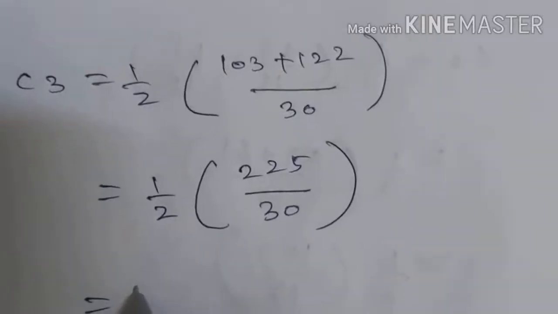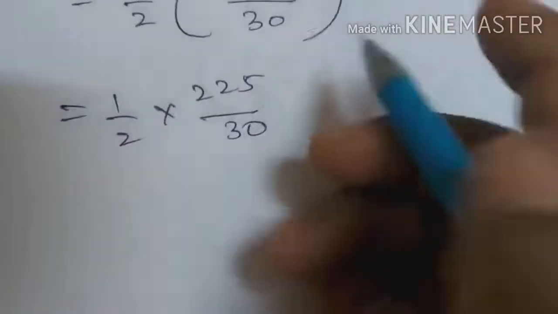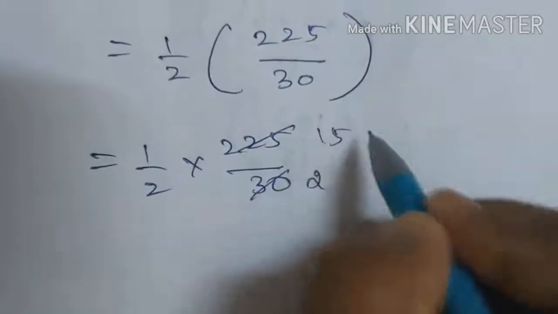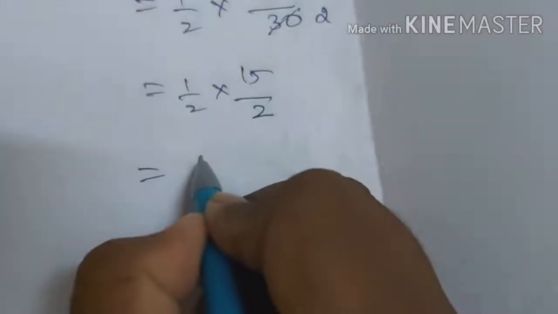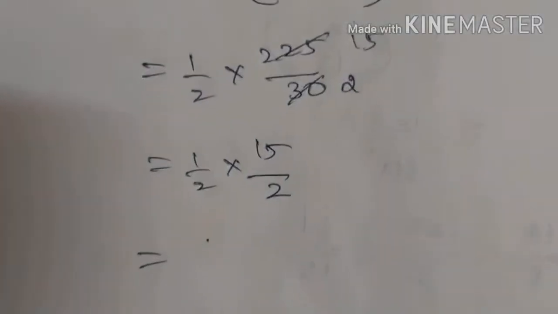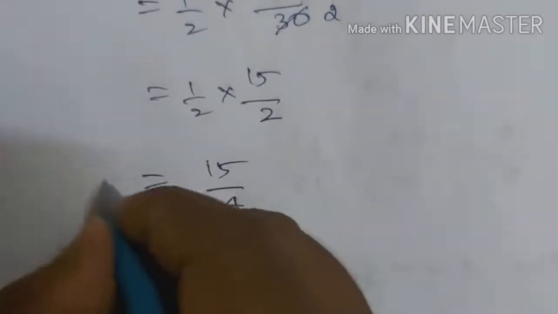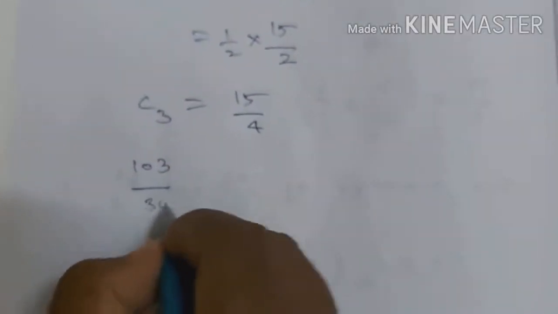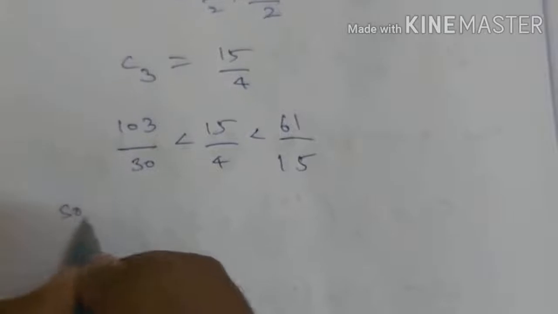Again we check 225/30 for cancellation by 5. So 1/2 multiplied by 225/30: in 30, 2 fifteens, and 225 is 15 fifteens. So 1/2 multiplied by 15/2 equals 15/4. So C3 equals 15/4. So 103/30 is less than 15/4, which is less than 61/15.